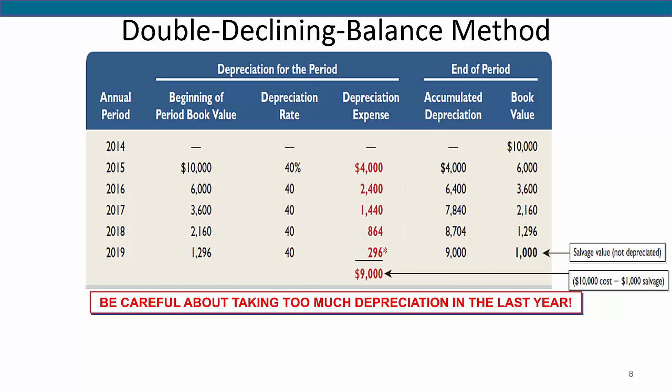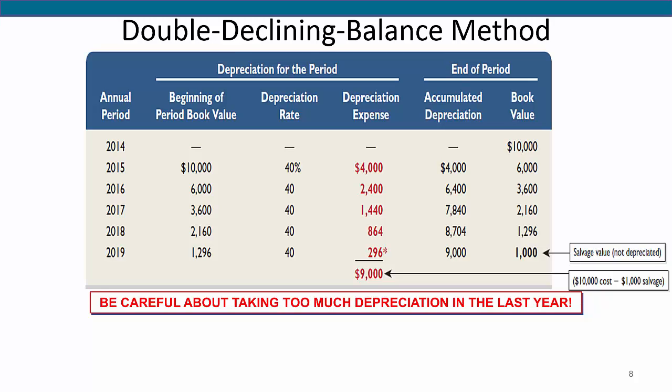The double declining balance depreciation schedule shows that the formula we learned works well, except for the last year of the asset's life in the year 2019, when depreciation expense is $296. This $296 is not equal to 40% times the beginning book value of $1,296, or $518.40.